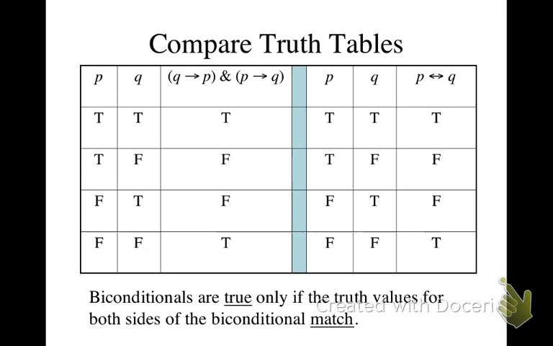But if P is true and Q is false, or if P is false and Q is true, then P if and only if Q is false. And that actually makes some kind of sense. The thing, again, that might weird people out is that when they're both false, it's true. But if you look at the truth tables in detail, you'll see why this is.